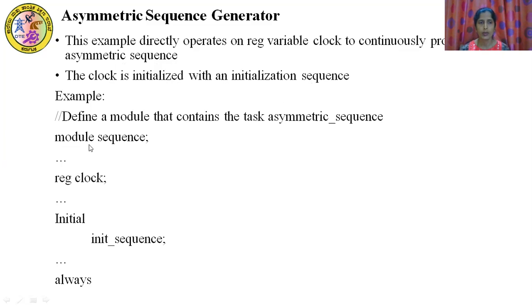Here the module begins with the keyword module followed by the name of the module, that is sequence. Clock is declared as a register. Let us see how this task by name init_sequence is written to generate the asymmetric clock generator.